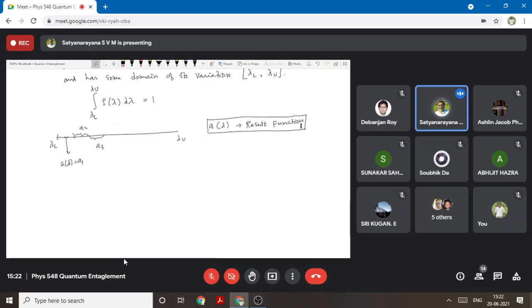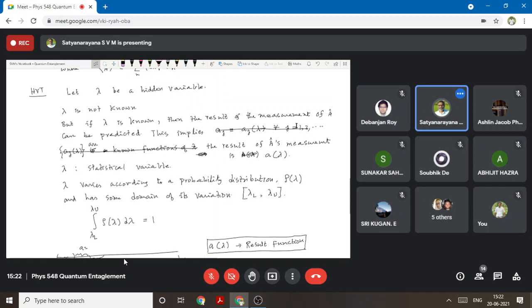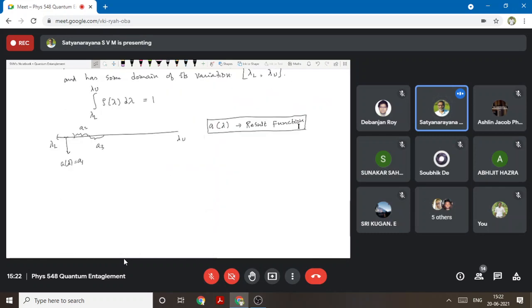Now the only requirement for this hidden variable theory to represent quantum mechanics is the following. If you consider an ensemble average of this function a, that is, the integral from lambda lower to lambda upper of a of lambda, rho of lambda, d lambda, what will this be equal to?